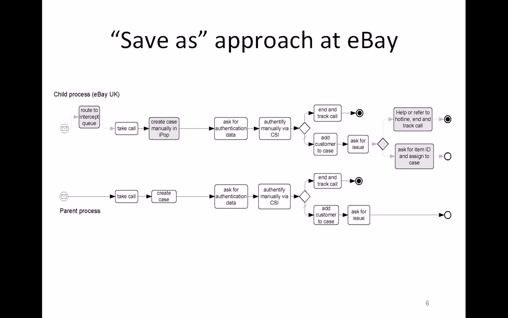They take the call, they create a case manually in IPOP, they ask for authentication data, they authenticate manually via a system called CSI, then either they end the track call or they add the customer case and ask the issue. At the top of this slide we represent the main process and the child process, which extends the main process by ending the process by either help or refer to line and end the track call, or ask for item ID and assign this item ID to a case.